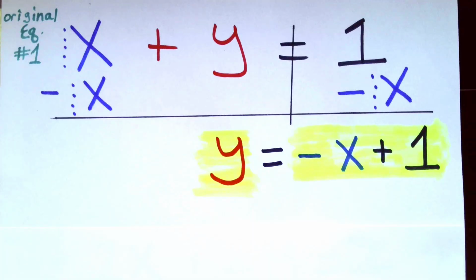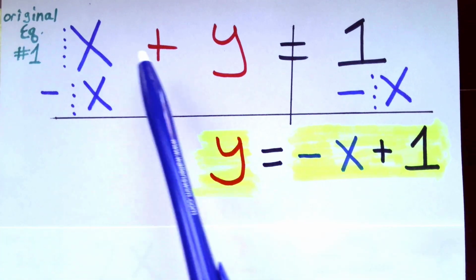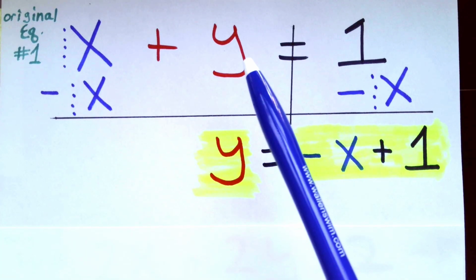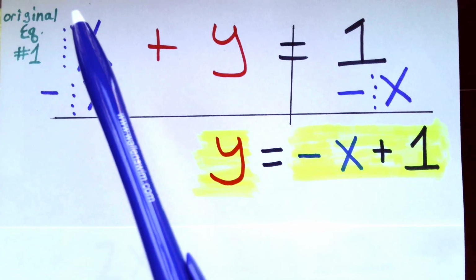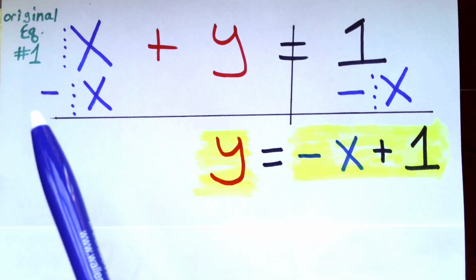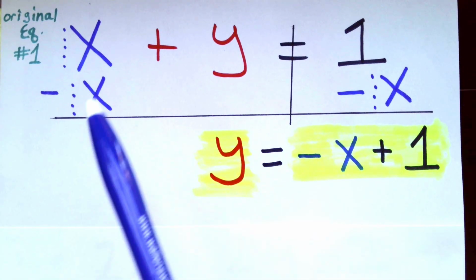Check it out. Okay, so as you can see here, I have original equation number 1, 1x plus y equals 1. Now I want to solve for y, like I mentioned a moment ago. So that means I've got to turn this x into 0. What's the opposite of a plus 1x? A negative 1x. So I'm going to add 1 plus a negative 1.